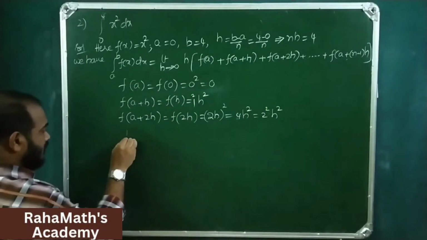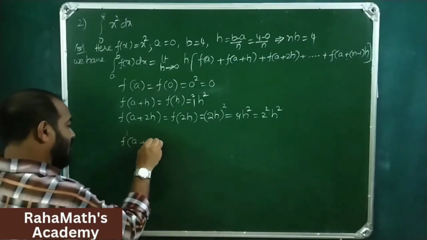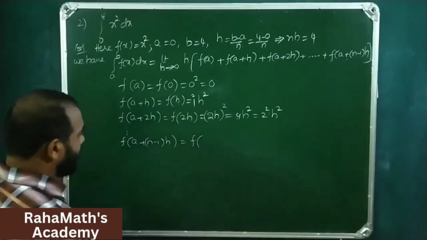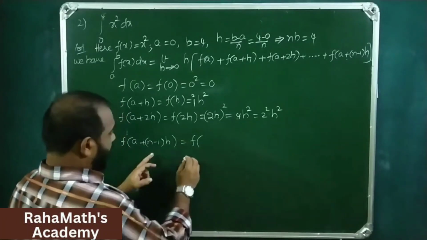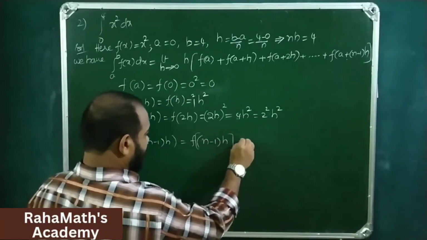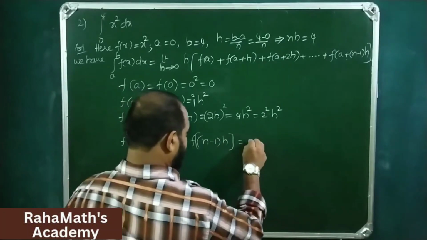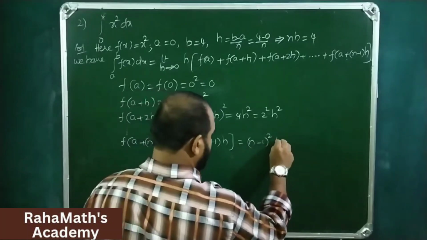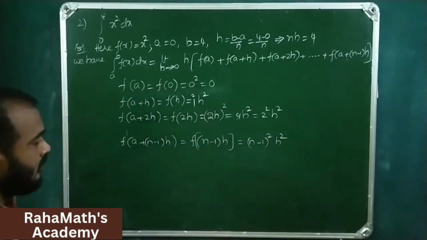So, etcetera, f of a plus (n minus 1) into h equals f of 0 plus (n minus 1) into h, which equals (n minus 1) whole square into h square.